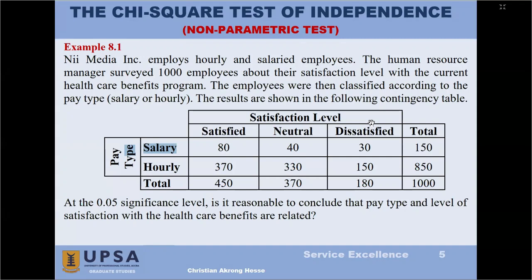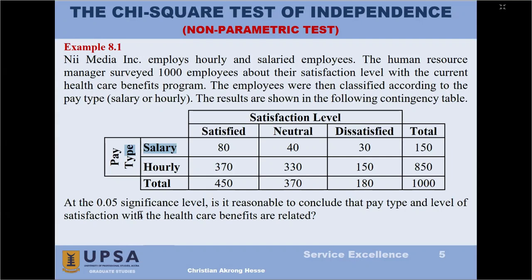And how do you determine that? The question: at the 0.05 level of significance, is it reasonable to conclude that pay type and level of satisfaction with the health care benefit are related?